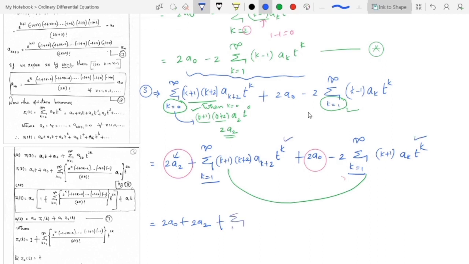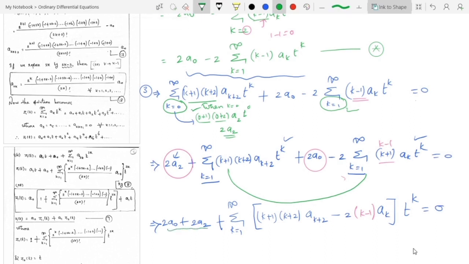So the summation k varies from 1 to infinity, of the remaining terms (k plus 1)(k plus 2) a_(k plus 2) minus 2 into (k minus 1) a_k, times t power k. Sorry, I made a mistake while copying. Here it is k minus 1, but I wrote k plus 1. So k minus 1, here also k minus 1. Equation 3 is equal to 0.